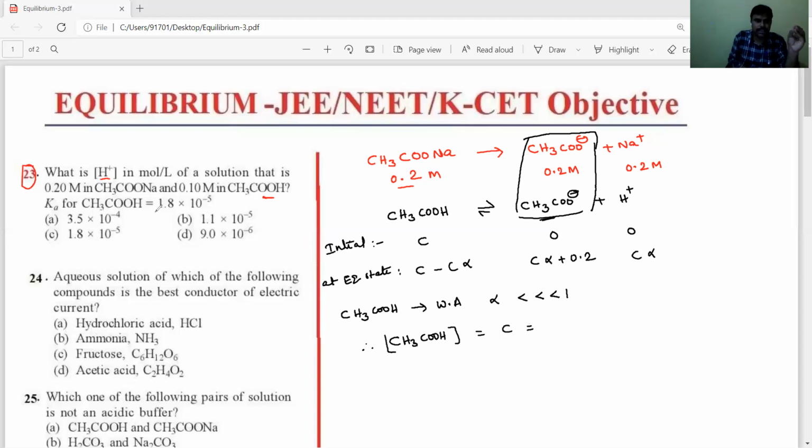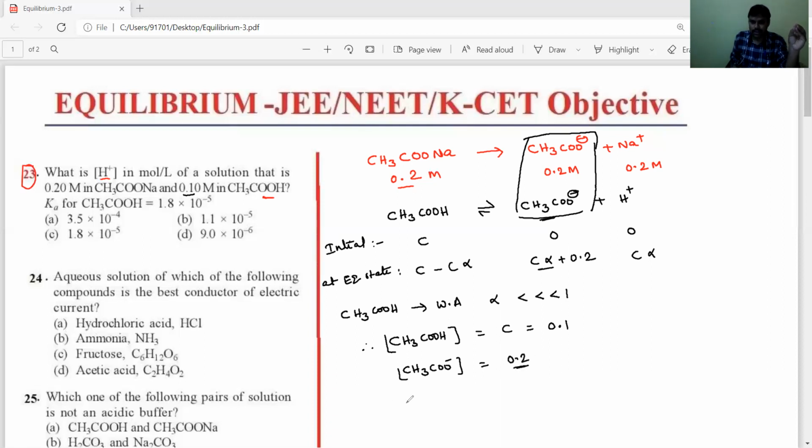What initial concentration of acetic acid did they give already, dear students? 0.1 molar. And acetate ions concentration, CH3COO minus concentration at equilibrium state, this C alpha is negligible, so it is equal to 0.2 only.